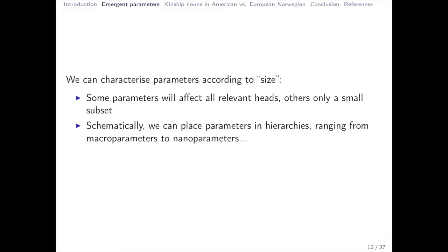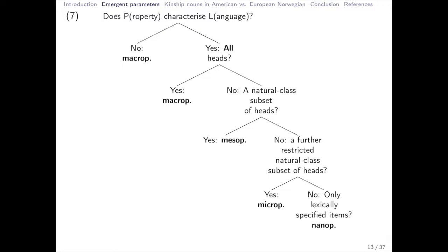Right. You can characterize parameters according to size. Some will be relevant to a large number of heads, while others will only apply to a small subset of heads. And we can then place them in a hierarchy. This is merely a description, really, but we can have macro parameters, like, for example, in a language that is either consistently head final or head initial, that would be up here.